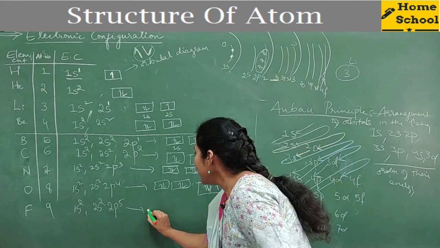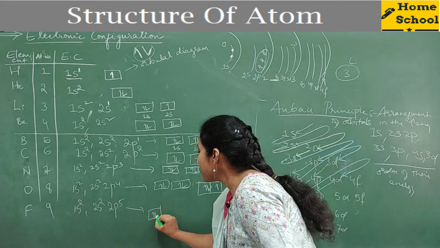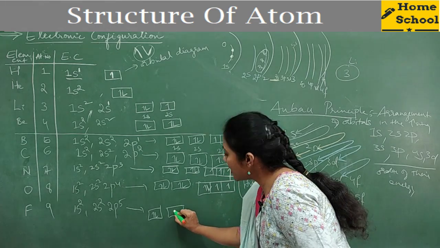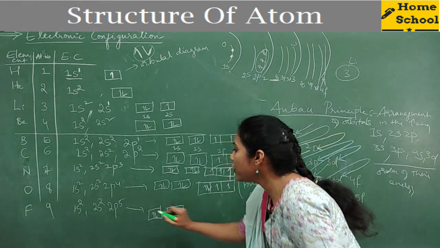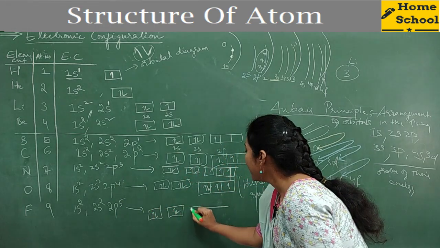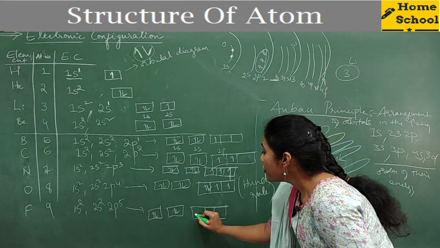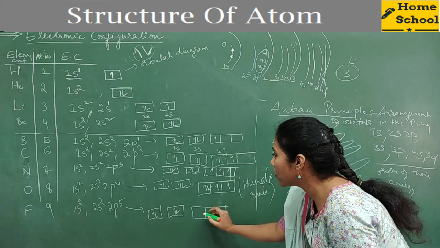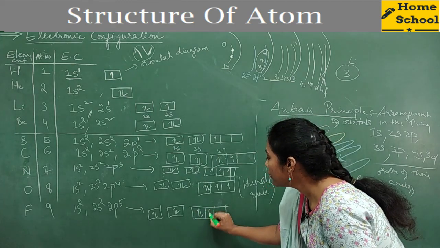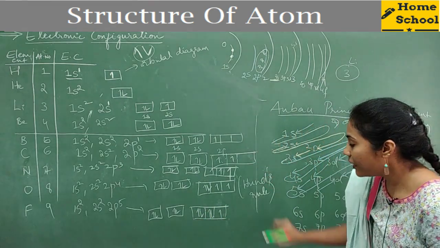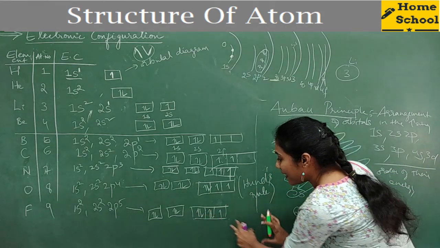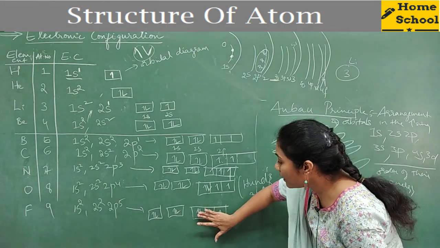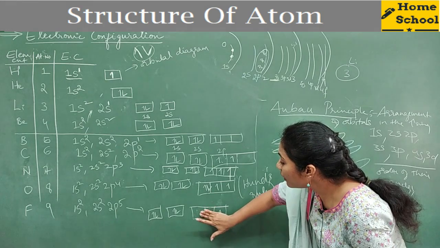So how do you draw the orbital diagram? 1s has 2 electrons, 2s has 1 box with 2 electrons, and 2p has 3 boxes. For 5 electrons you have 2 ways of writing them. One is 1 2 3 4 5 in order. You shouldn't write like this. When you write, you have to follow Hund's rule.